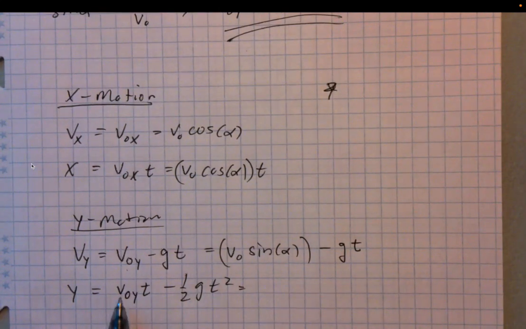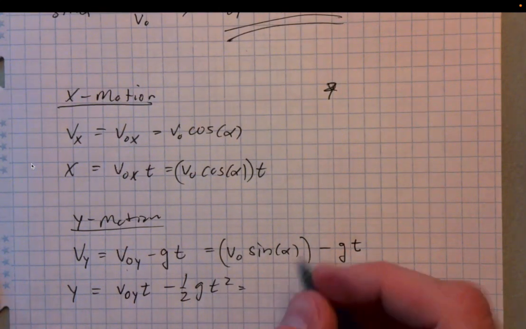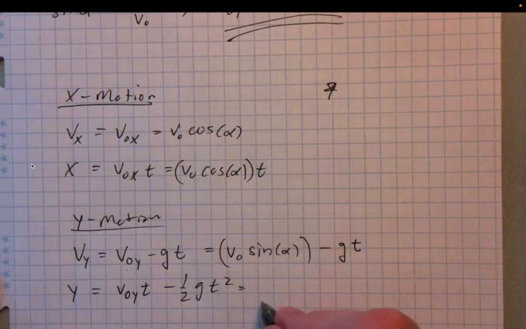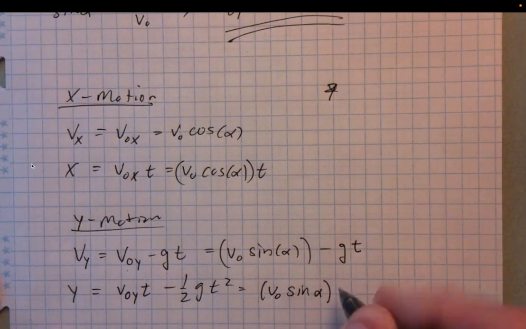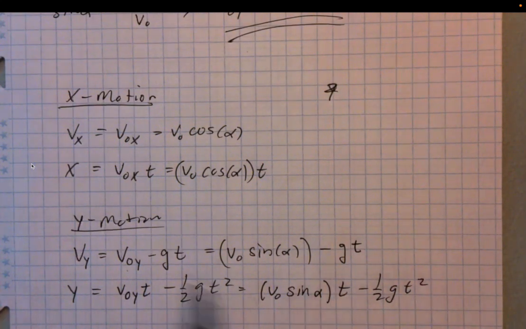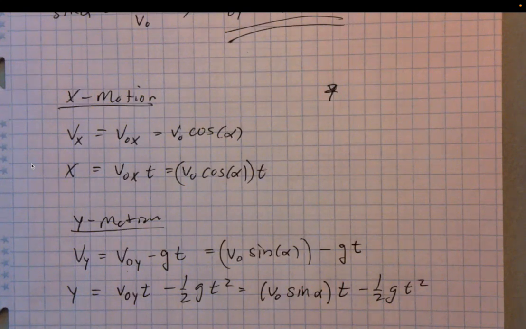And so we have to replace the v naught y again with this trig expression. So v naught sine of alpha times t minus 1/2 gt squared, right? And so these are the expressions that we'll want to use when we're solving projectile motion problems.